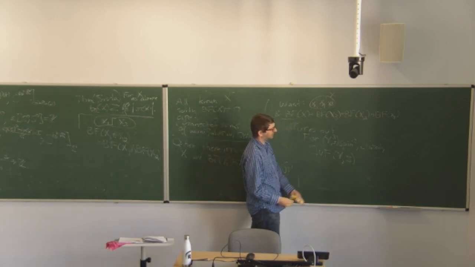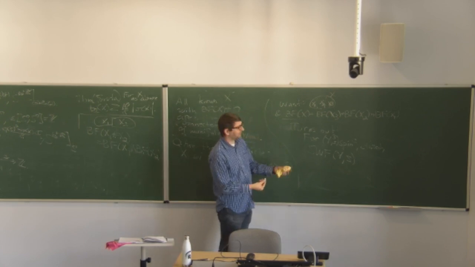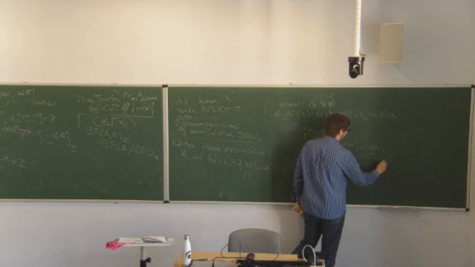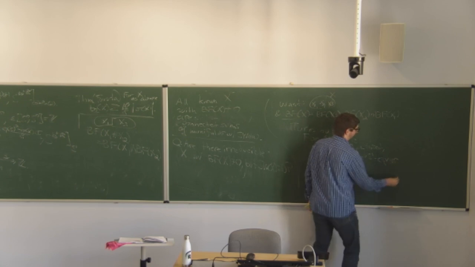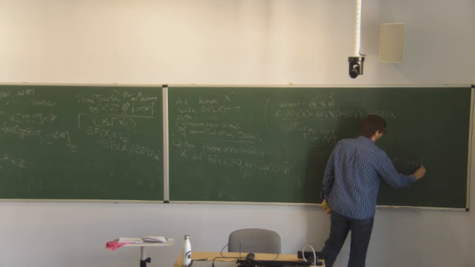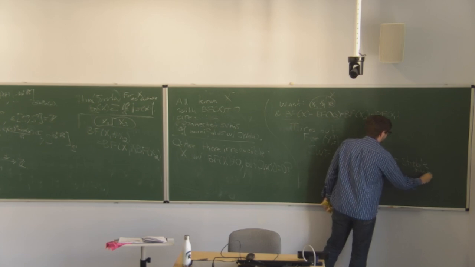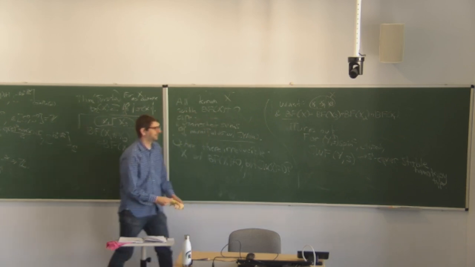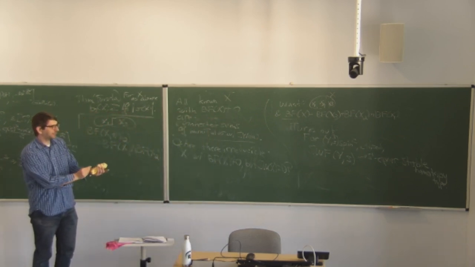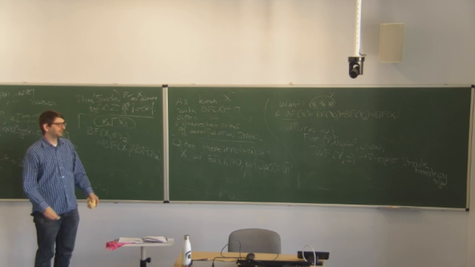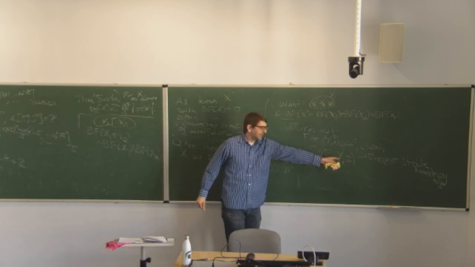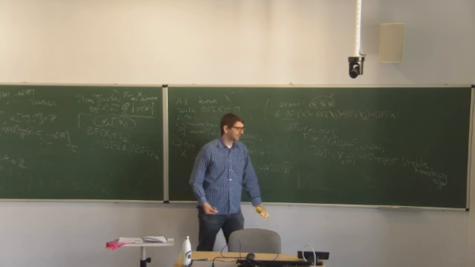You can construct something like this, which is an S1 equivariant stable homotopy type. So that means it's well defined up to stabilizations. As a space it's not well defined, but once you suspend enough times, it's well defined.